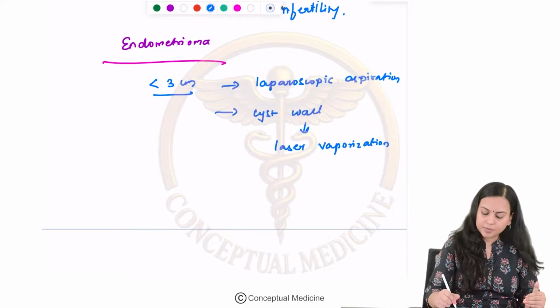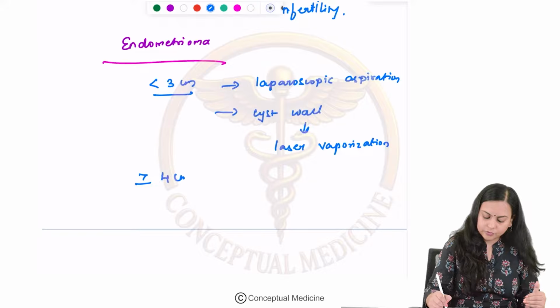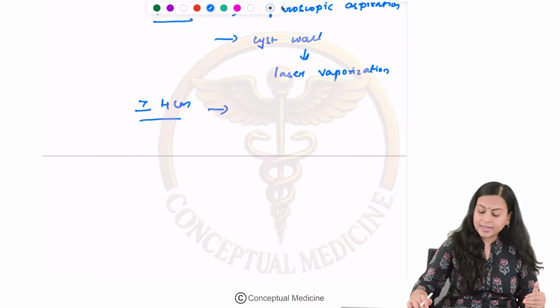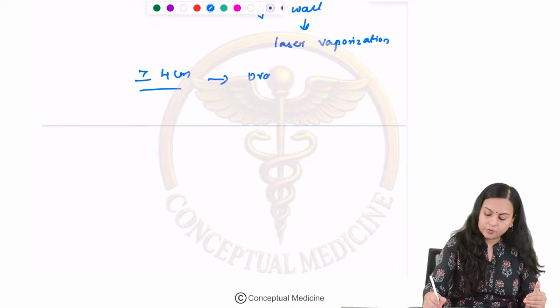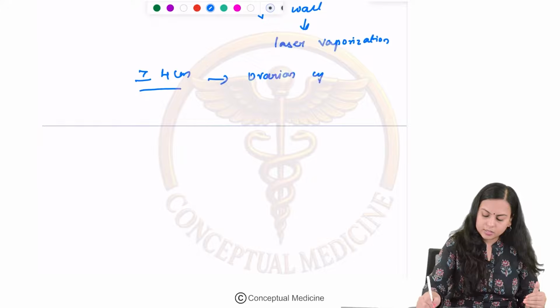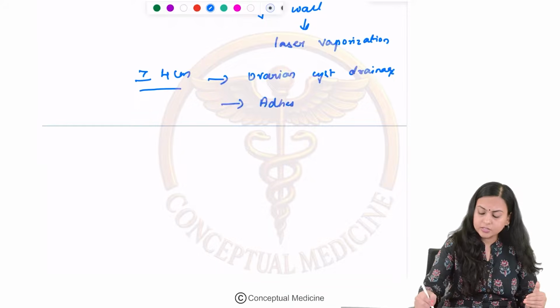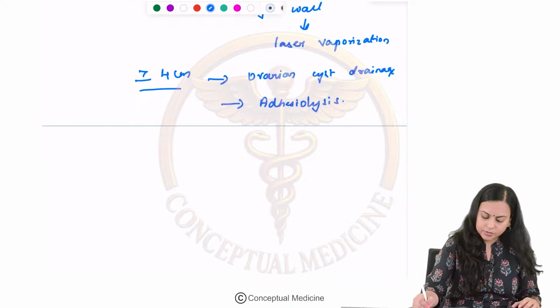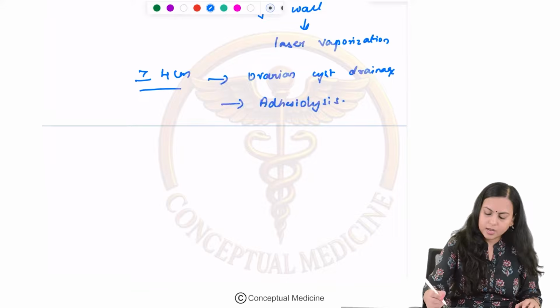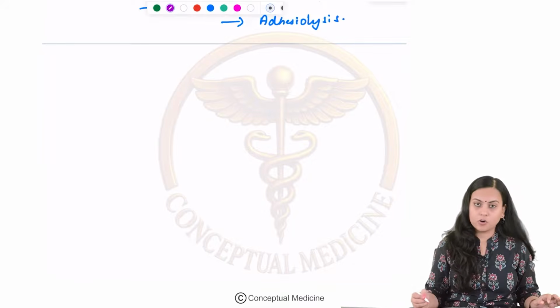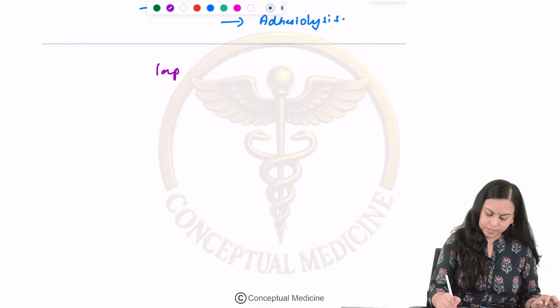Okay, suppose if the size is more than or equal to 4 centimeter, then again you have to go for an ovarian cyst drainage, and suppose if there are adhesions, you have to go for adhesiolysis. Okay, and then you can also offer her a laparoscopic cystectomy.